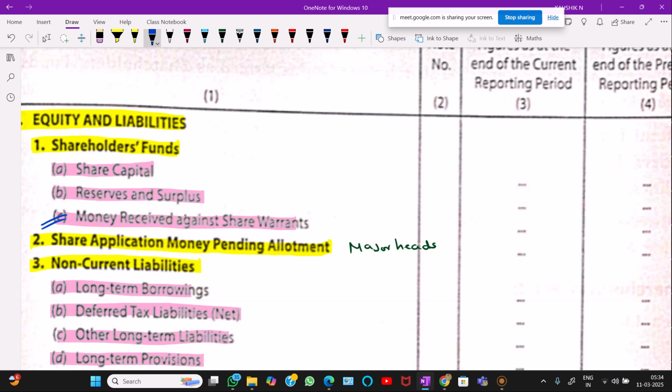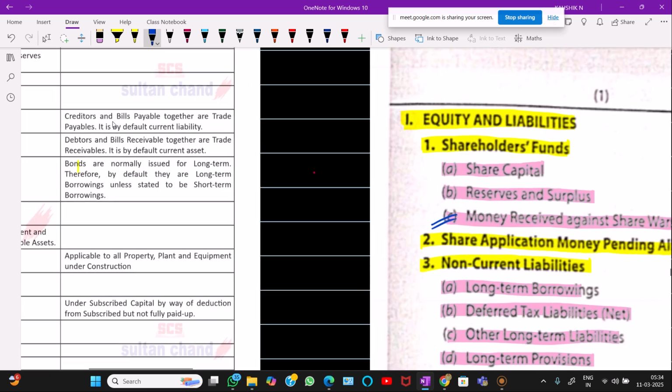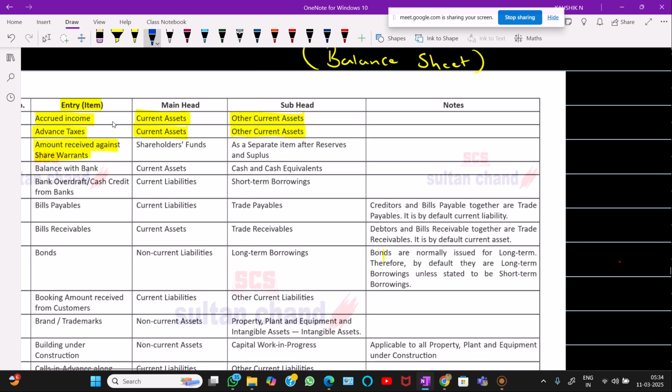But this is an item which does not have any subheading. So that's what you're going to say here. If you could see here, they say very clearly, the major head for this item is shareholder funds. But in the subheading category, what they have mentioned is a separate item after reserves and surplus. This is what you're going to record.